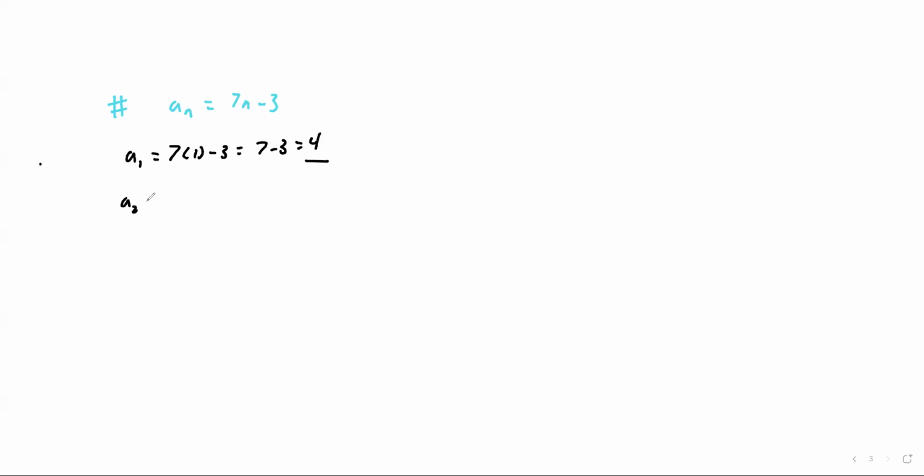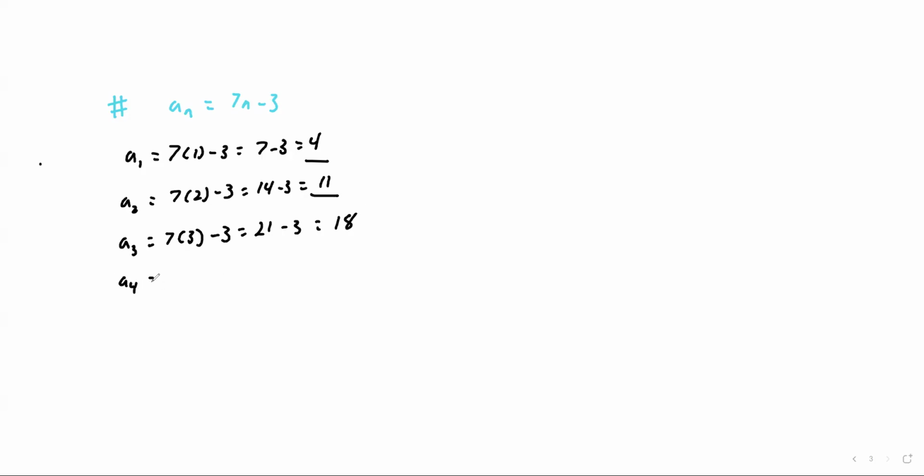Then I'll do a sub 2. This will be now 7 times 2 minus 3. So that's 14 minus 3, which is 11. Then you do a sub 3. And that would be 7 times 3 minus 3. So that'd be 21 minus 3, which gives you 18.